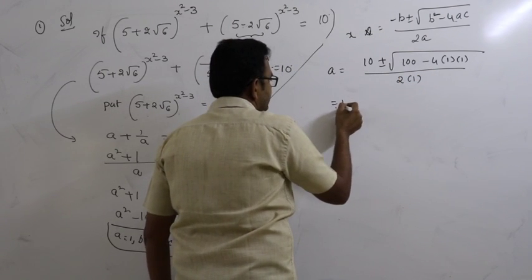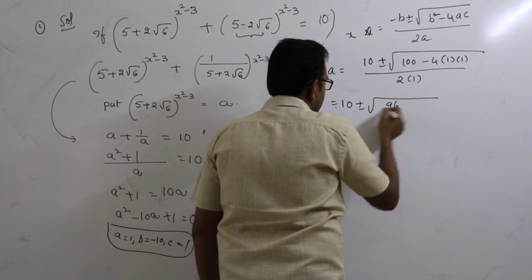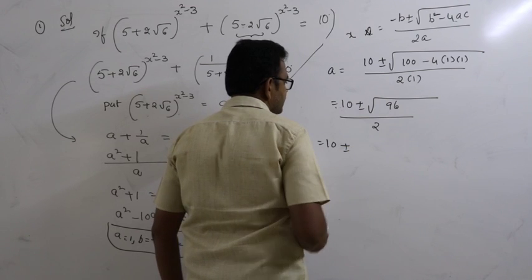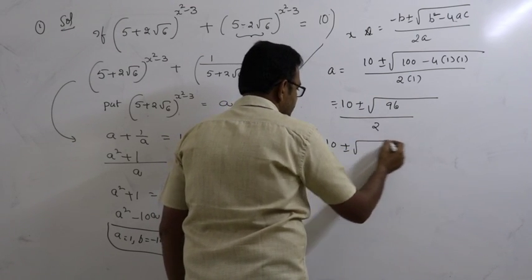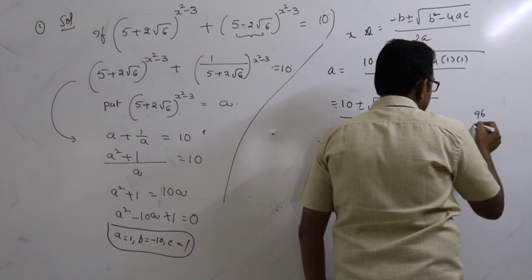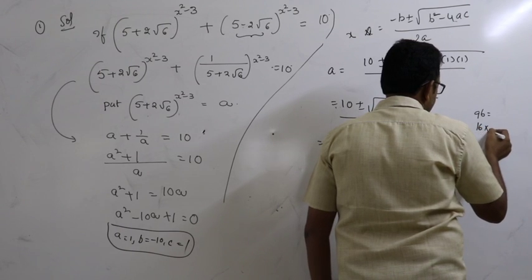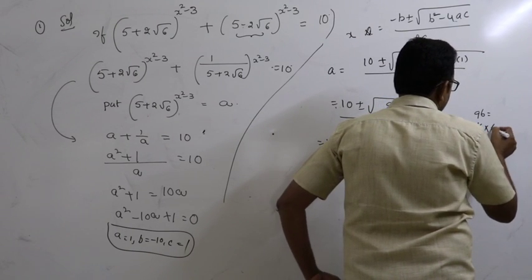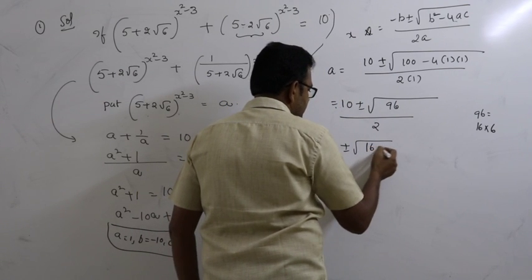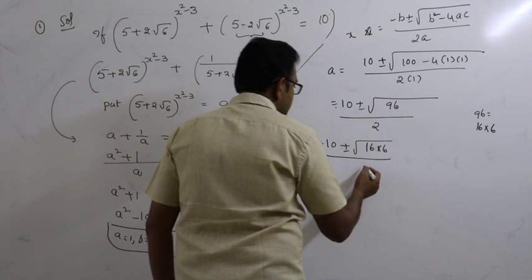So that is 10 plus or minus root of 96 by 2. 96 can be written as 16 into 6. So that is 10 plus or minus root 16, which is 4, root 6, by 2.